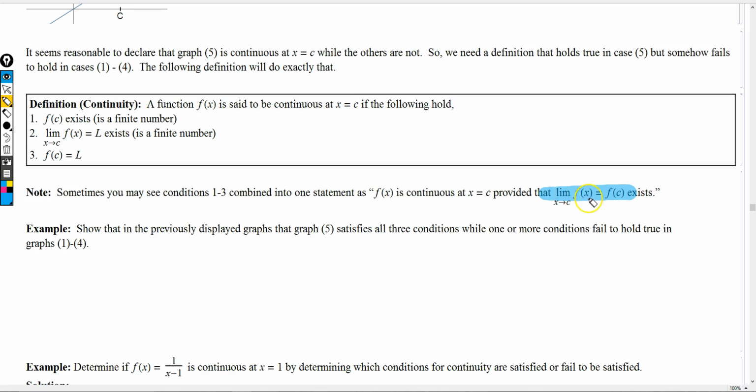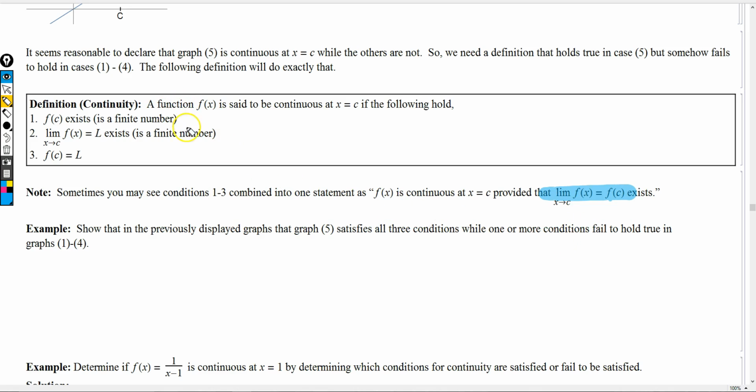If this holds, that's really combining 1, 2, and 3 into one statement, because you're saying f of c exists. At the same time, you're saying the limit as x approaches c of f of x equals that number, f of c. So the limit exists, and then, of course, f of c equals the limit. So this is really combining all 3 statements into one.